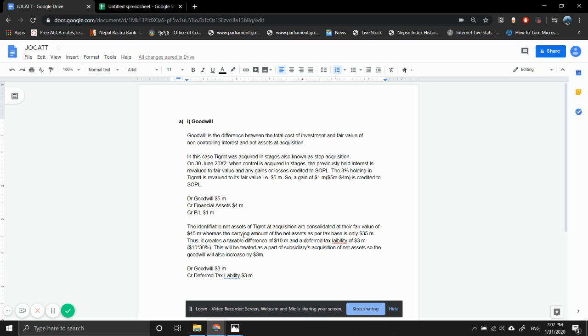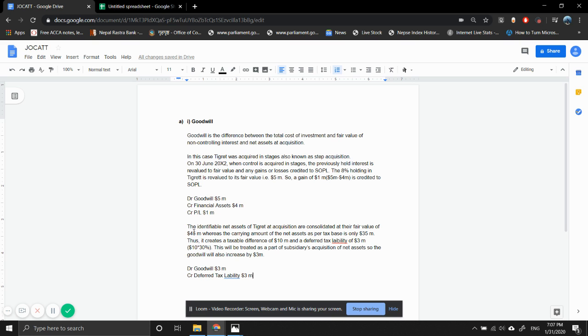So all you need to remember is that sometimes this sort of question we have not looked into. This is the first question of this kind. The carrying amount is less, which as per tax base is only 35, whereas the fair value is 45 million.